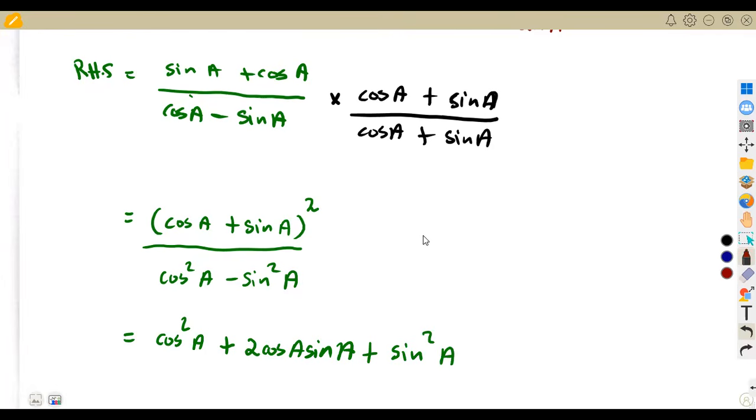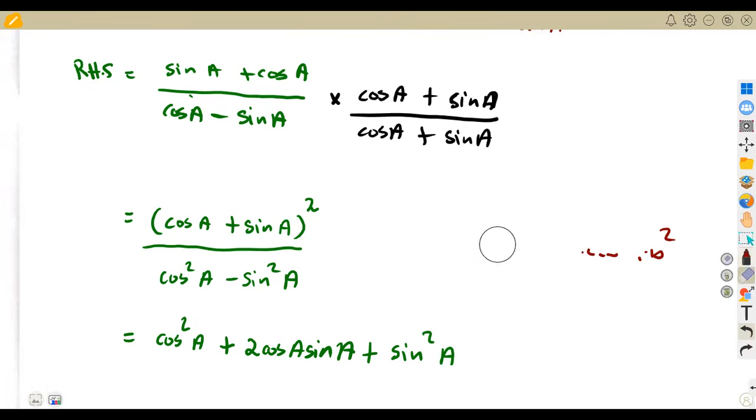Remember from our N3, we talked about a plus b squared, which is equal to a squared plus 2ab plus b squared. That is the first term squared plus 2 times first and last plus the last term squared. Okay, so this is what we have.